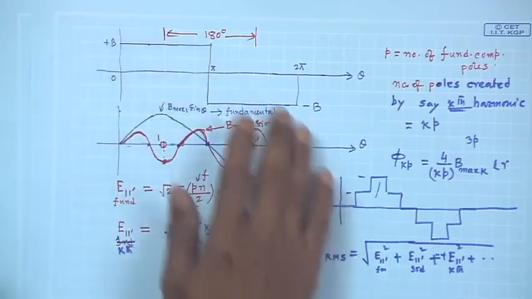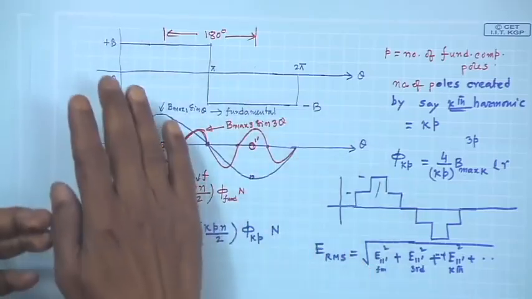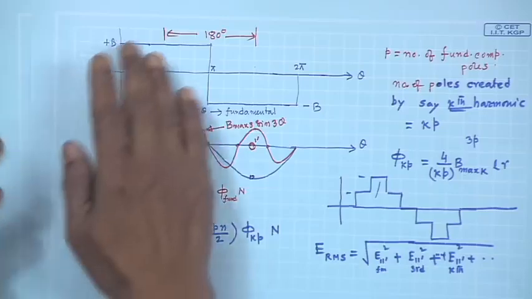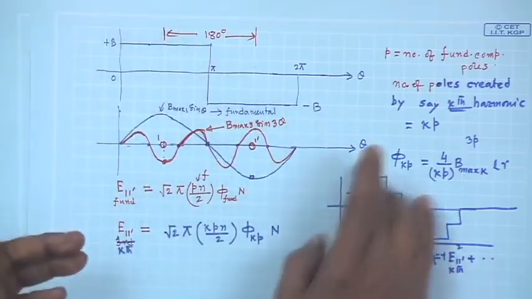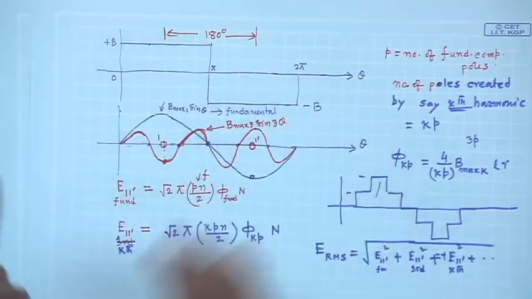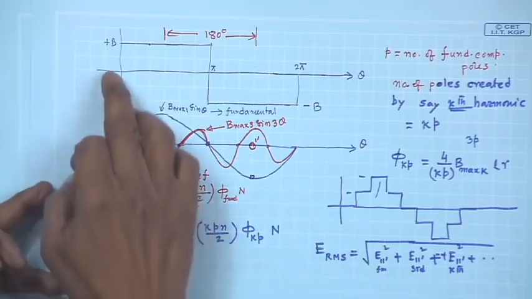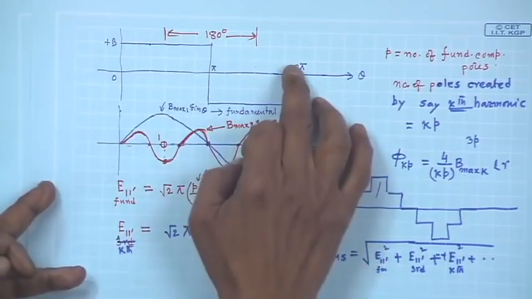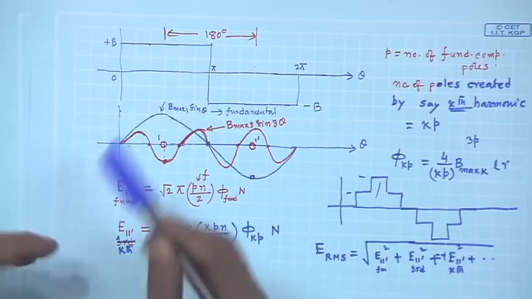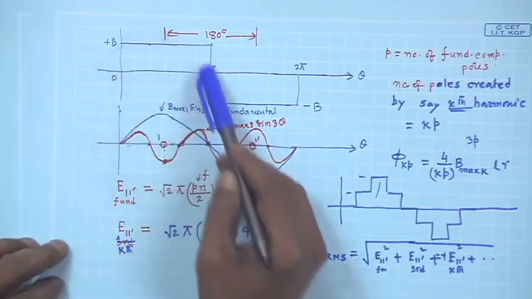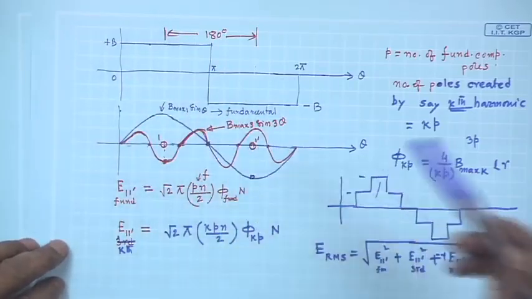even if the B distribution is a square step type like this or this, and you are using a single coil, it will be like this only, as we have seen. Then we know it can be broken up into fundamental, third, fifth and so on.